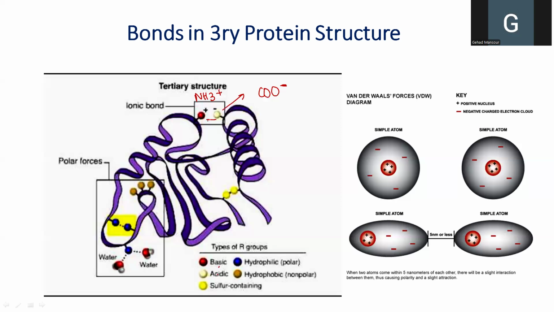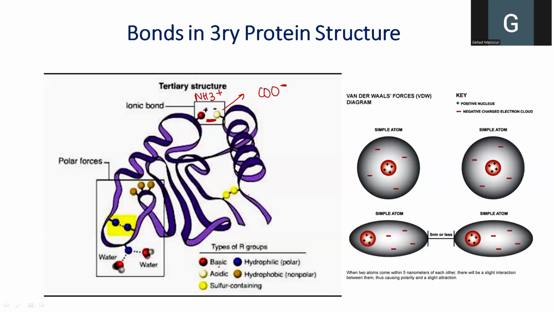So here, this is a kind of ionic bond because it is between a positively charged NH3 and a negatively charged COO. So it's like when, for example, we have a bond between a sodium ion and a chloride ion. So this is the ionic bond.